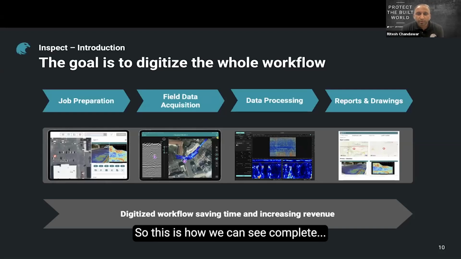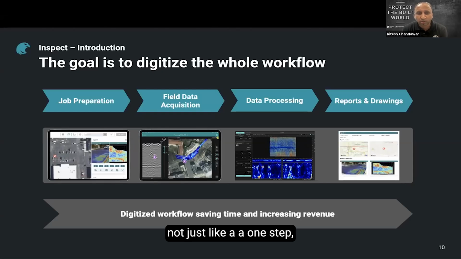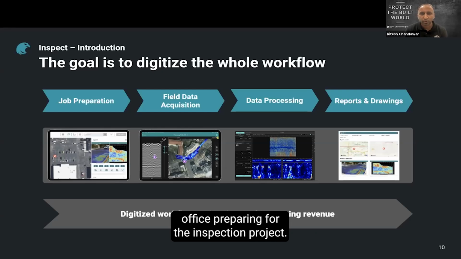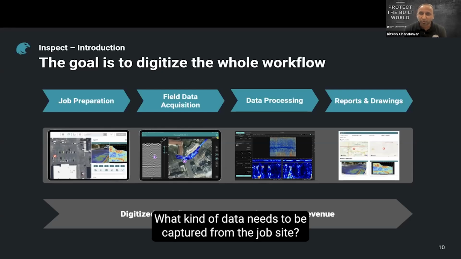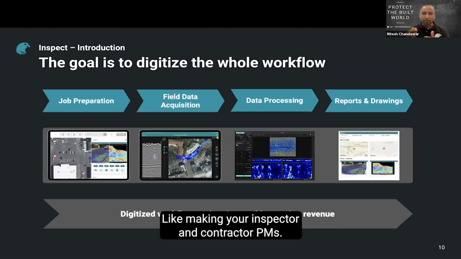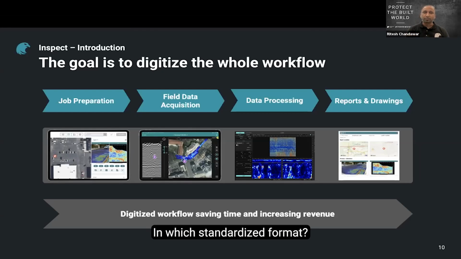So this is how we see a complete workflow. The goal is to digitize the whole workflow, not just one step, but right from your job preparation, when you are in the office preparing for the inspection project: what needs to be done, what kind of data needs to be captured from the job site, who should be working on that job site, like making your inspector and contractor teams, and what needs to be collected from the job site, in which standardized format.